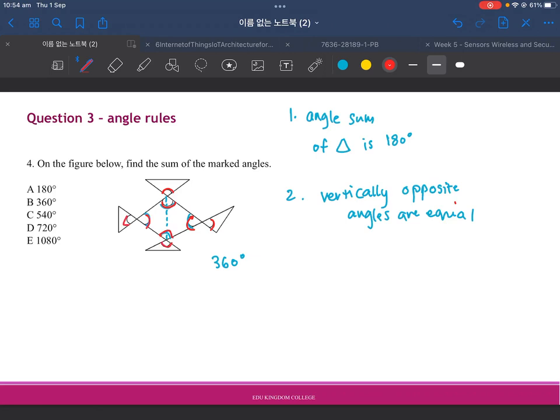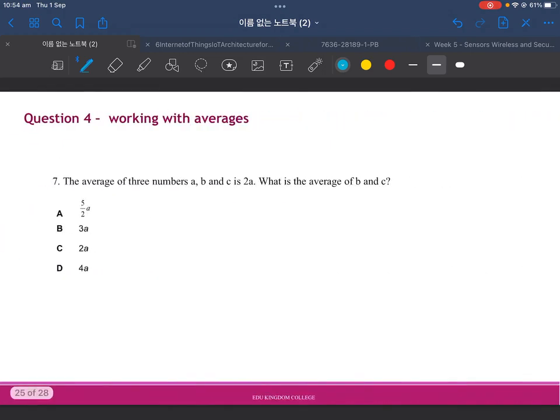If these angles are equal, then that means we have a whole new quadrilateral outside as well, right? And what do we say the angle sum of quadrilateral was? It was also equally 360 degrees, meaning that our total angle sum comes to 720 degrees. And that would be your answer D. Hopefully that makes sense.